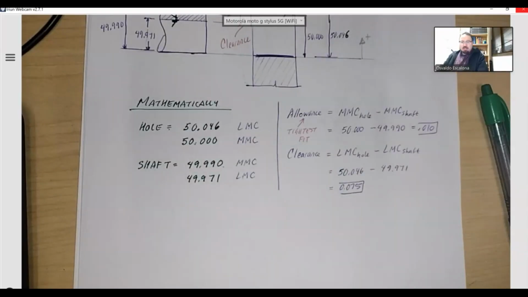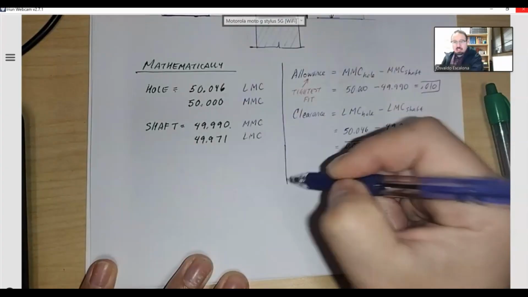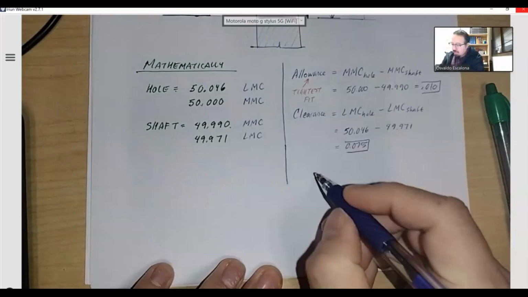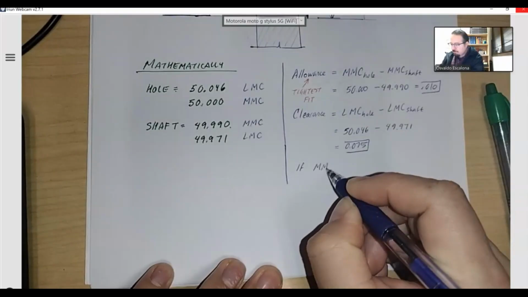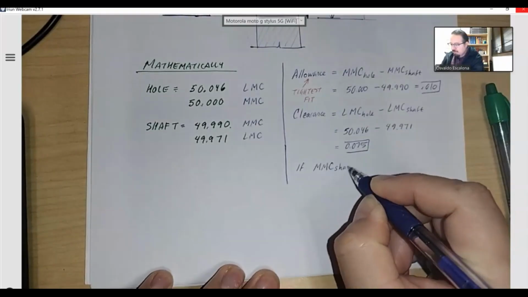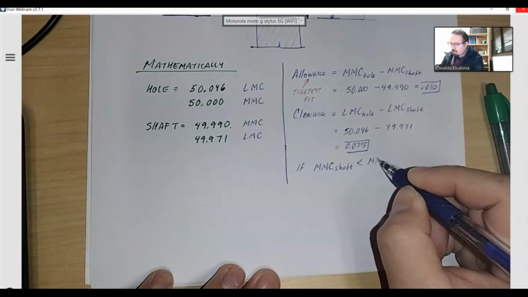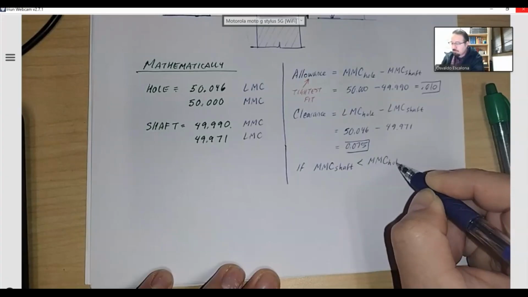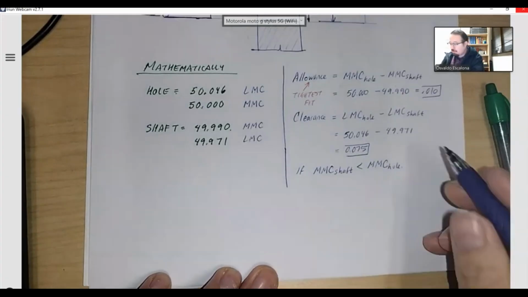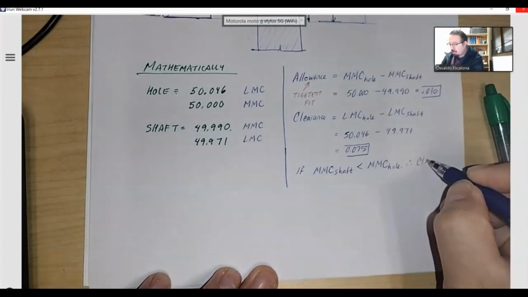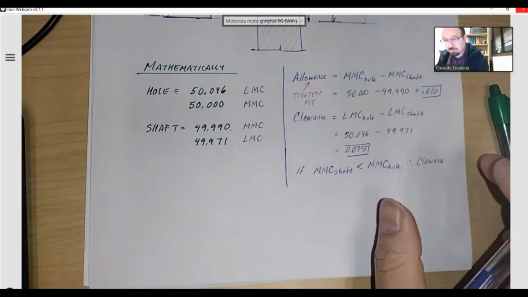All right, now what type of fit do I have? You can also do it mathematically. The way you find the type of fit is you ask yourself if the MMC of the shaft is less than the MMC of the hole, then you have a clearance fit. If not, then you don't have it.